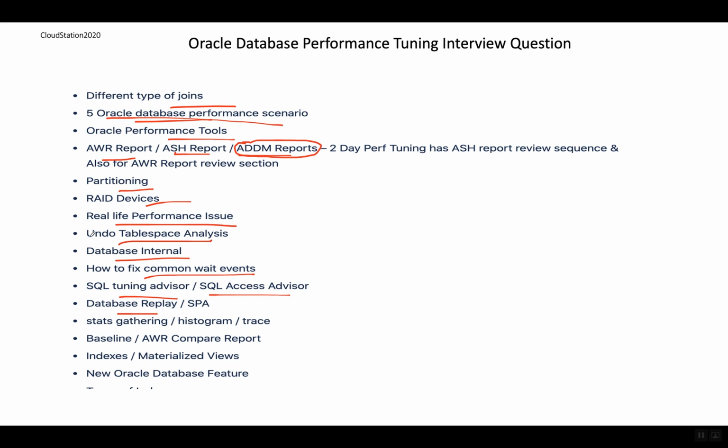Okay, so you need to know what are the ways you can gather the stats. You can gather the stats at the schema level, at the table level, then histogram stats. So histogram is like, let's say you have 100 rows, 100 values. Out of 100, there are like 20 unique values, assuming 20 into 5 is 100.